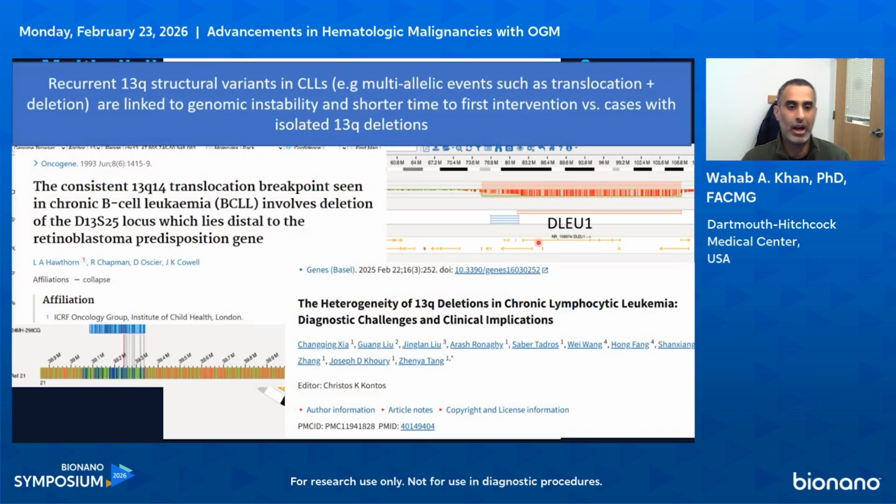These recurrent 13q structural variants, such as these translocations plus deletions, have been described and linked to genomic instability and maybe earlier stage CLL outcomes and shorter time to first intervention versus cases with isolated 13q, although we need a bit more data to firm this up.